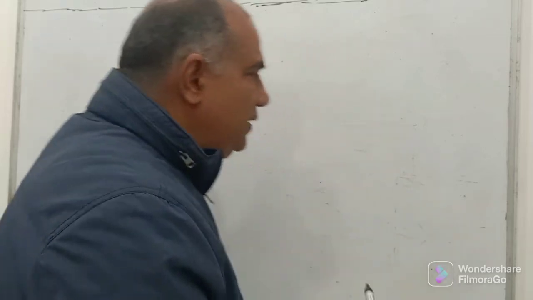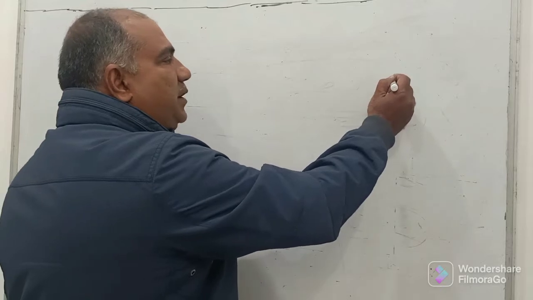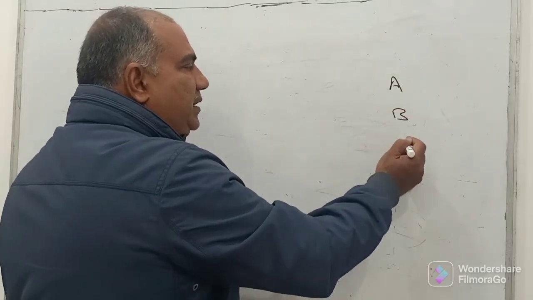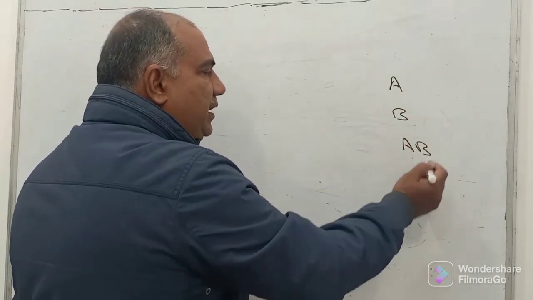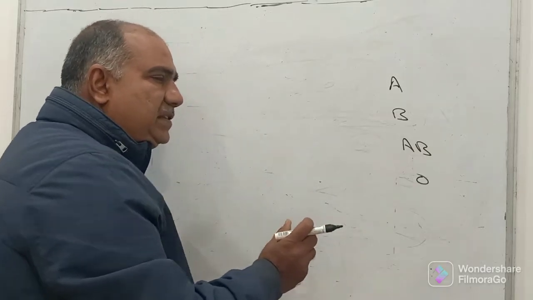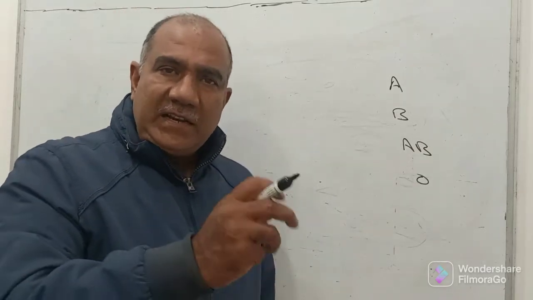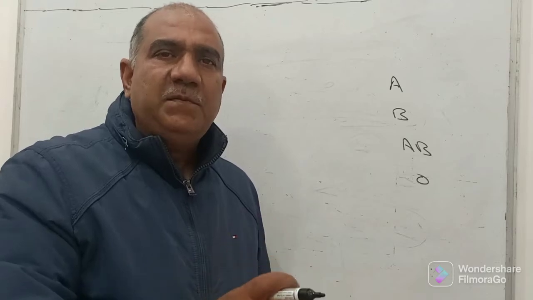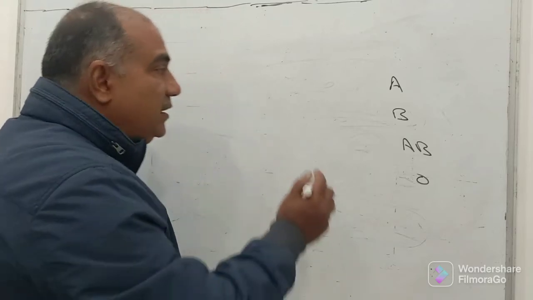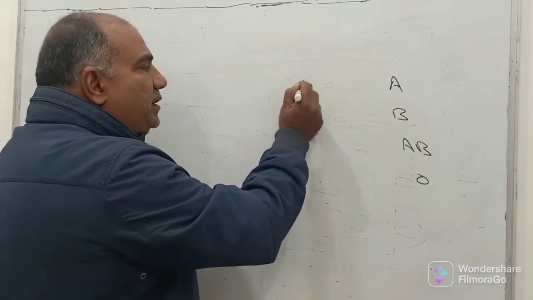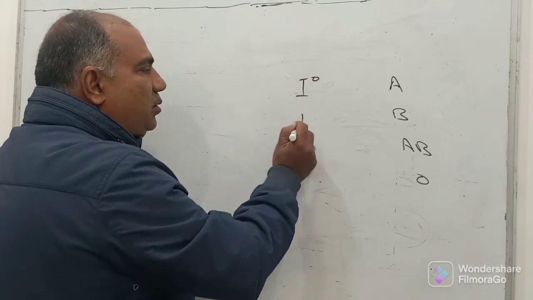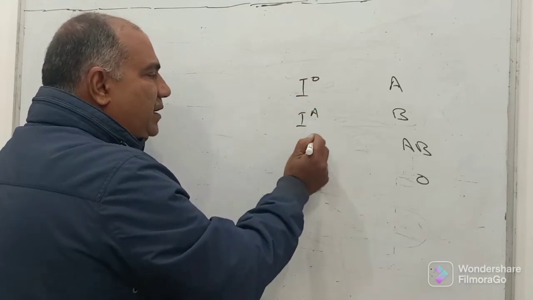So now we see blood. There are four types of blood group: A, B, AB, and O. And the gene that is responsible for determining this character is found in the whole of humanity in three different forms: IO, IA, and IB.